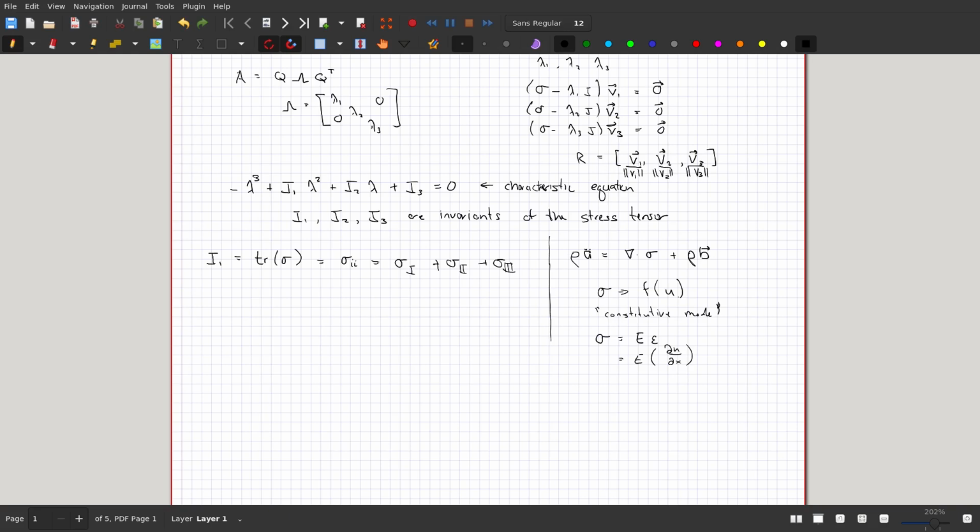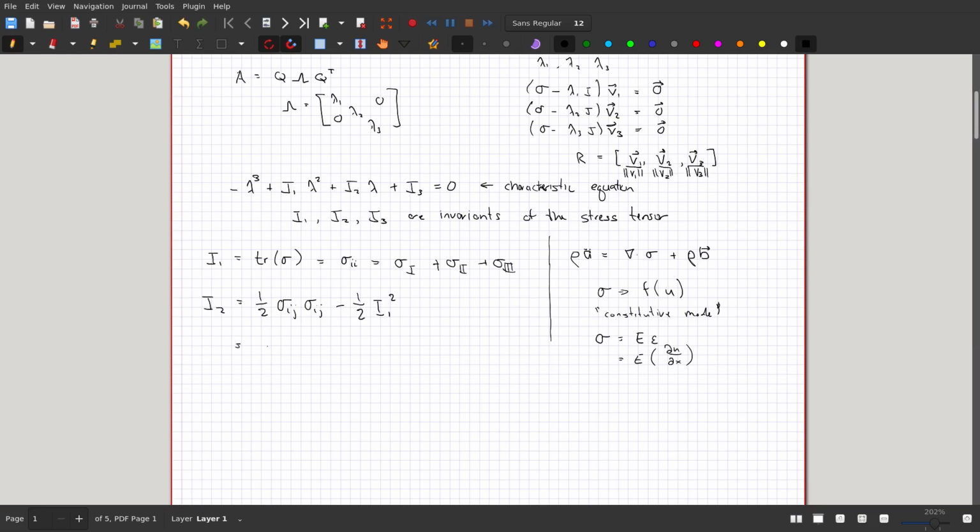So the second invariant is 1/2 sigma ij sigma ij minus 1/2 I1 squared.